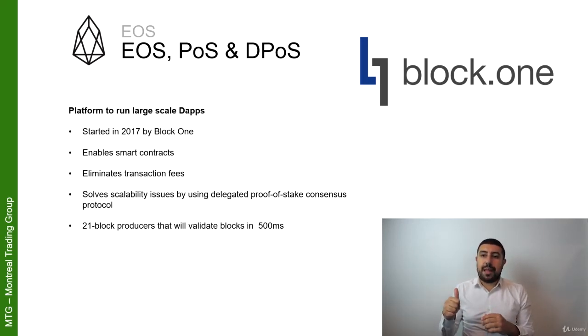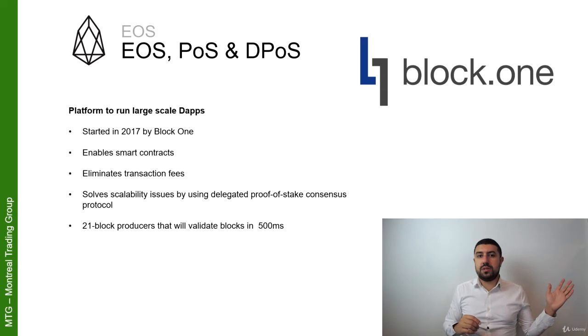So EOS is a platform that wants to let people run large decentralized applications on top of it. The same sense as Ethereum, right? Where on Ethereum, it's a platform, you can launch your own decentralized app. Same thing with EOS. You can run your own decentralized app on top of EOS's blockchain. And their objective is for you to be able to run large scale decentralized applications.